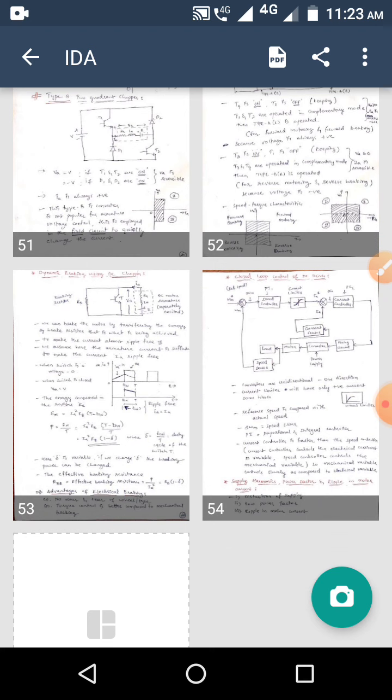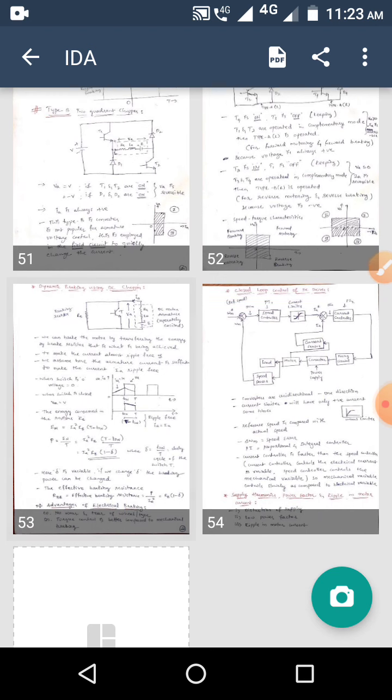We discussed the topology as well as how the graph is drawn there. Then we discussed the four quadrant chopper, where two type A DC choppers have been used.